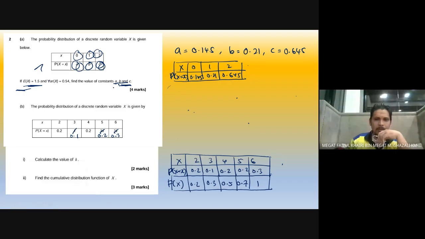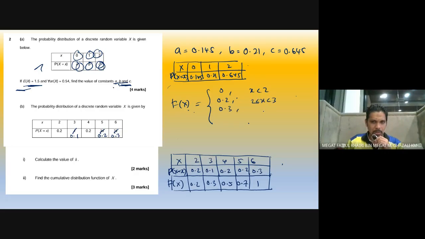F(x): we get 0 for x less than 2, and then 0.2 for x between 2 and 3, 0.3 for x from 3 until 4, 0.5 for x between 4 and 5, 0.7 for x between 5 and 6, or 1 for x greater than 6.